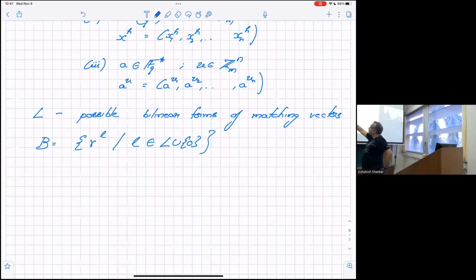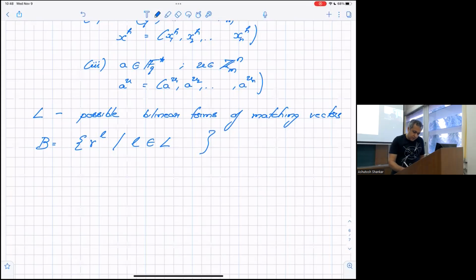So notice all the elements in B are distinct elements. Firstly, it has the element 1. Let me not put 0. I define B to be this.